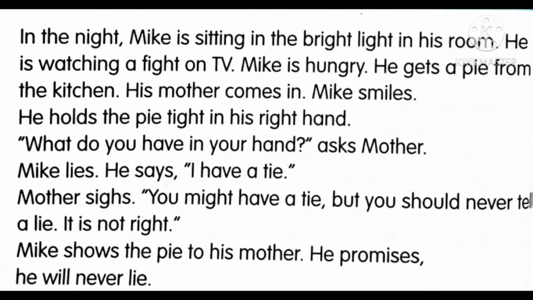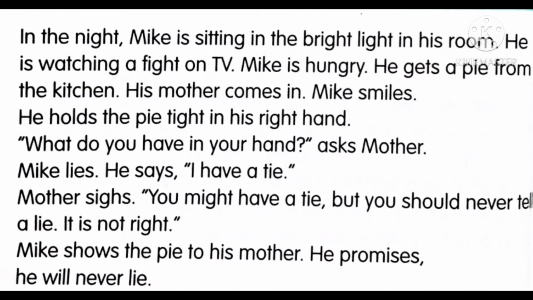What do you have in your hand? asks mother. Now mother enquires. Mike lies. He says, I have a tie. What is Mike doing? Mike lies means he is telling a falsehood, not telling the truth. Lying means telling something wrong, not telling what is really there but telling something else.